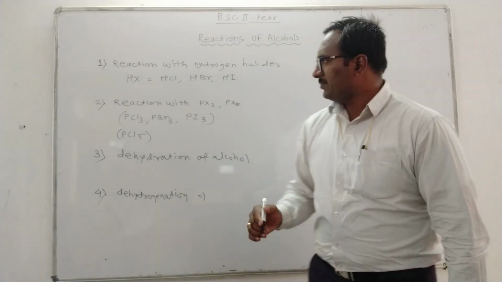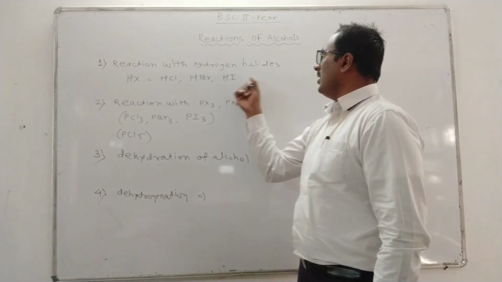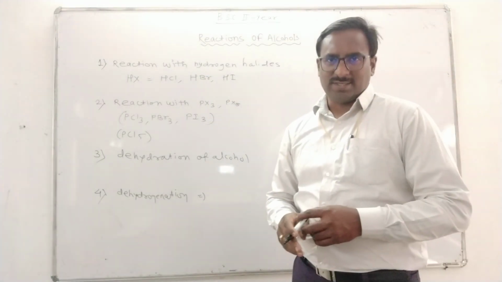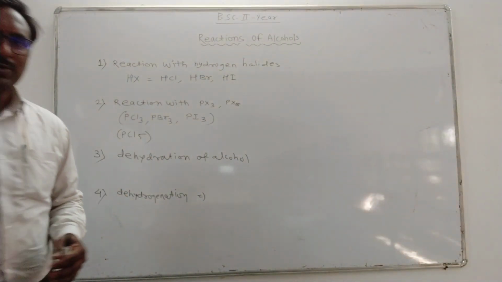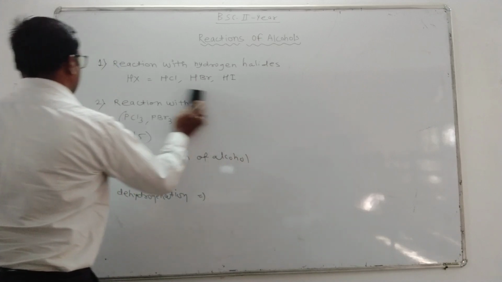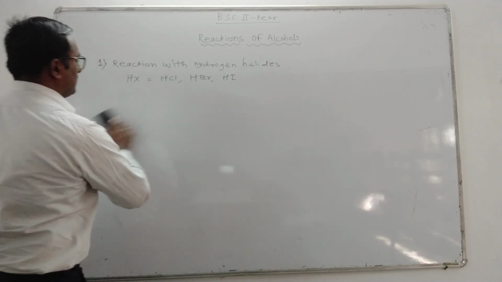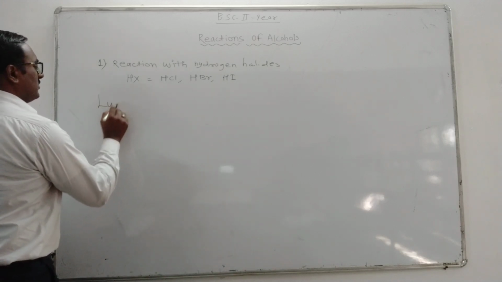Okay, so let us discuss one by one. First of all, we will discuss the reaction with hydrogen halide. This is the Lucas reagent test. We can distinguish primary, secondary and tertiary alcohol with the help of this laboratory test. What is this Lucas reagent?